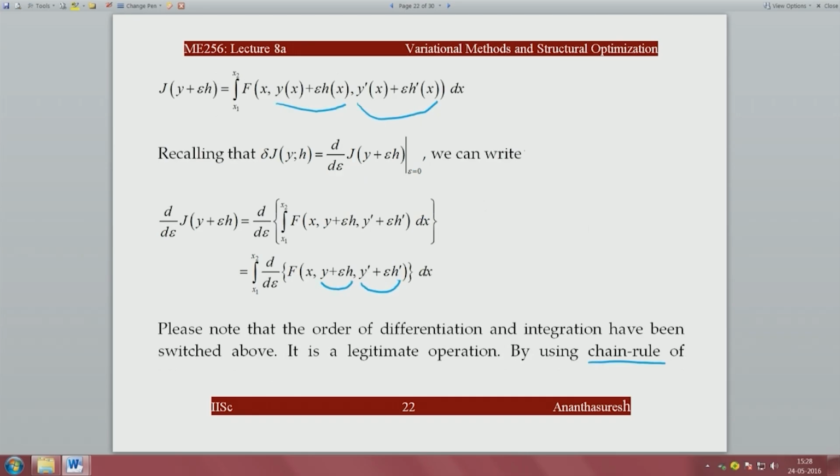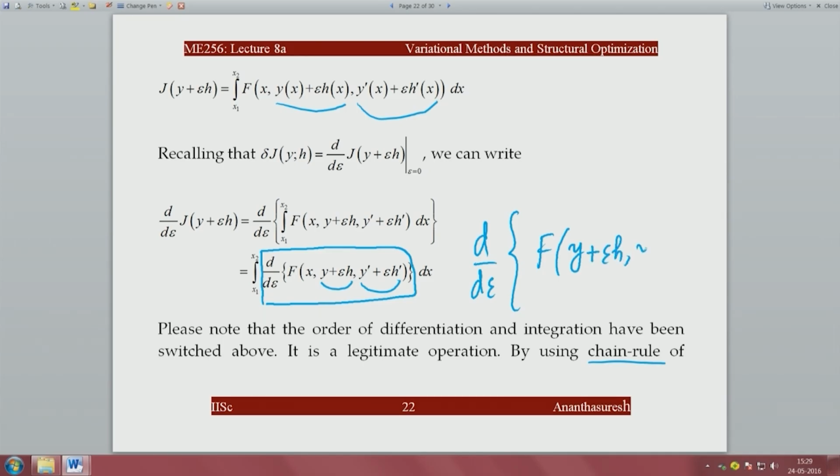Again, if you go back here, our integrand is d by d epsilon of f, where y is replaced with y plus epsilon h and y prime is replaced with y prime plus epsilon h prime. We are taking the derivative of that. We are not worried about the integration now. We are focusing only on this term, d by d epsilon of f, which is now a function of, we are not writing x because x does not depend on epsilon, y plus epsilon h, and then y prime plus epsilon h prime.